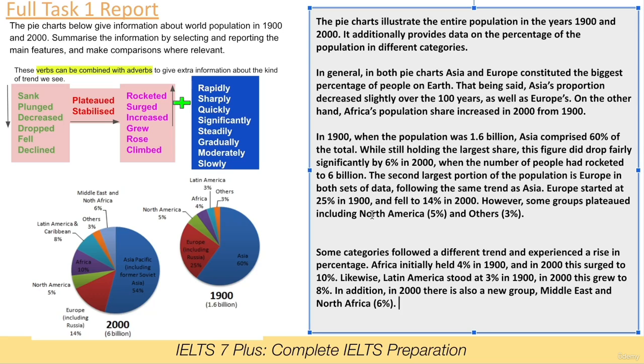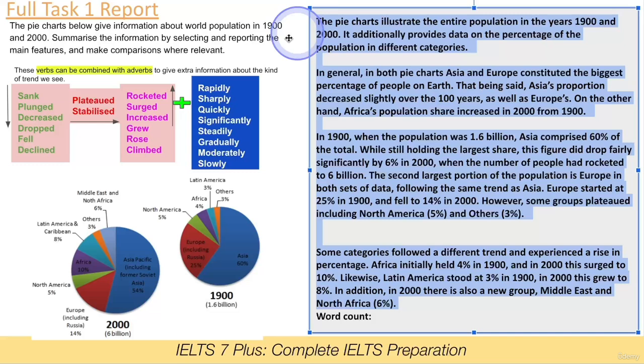Okay, so let's have a look over, and we've tried to not repeat ourselves so much. We've made logical groups. We've used high-level language. We have used a variety of sentence types, simple, complex, compound, and reported and selected the main features here. Okay, I think this is a brilliant task 1. So now what we can do is we'll just find out how many words this is.